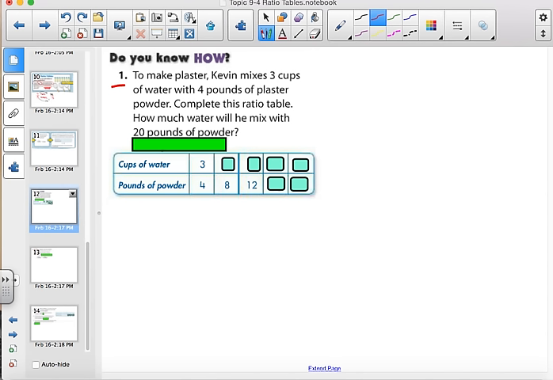All right, well, let's take a look at this problem and see how we did. To make plaster, Kevin mixes 3 cups of water with 4 pounds of plaster powder. Okay, this gives us our initial ratio of 3 cups to 4 pounds.